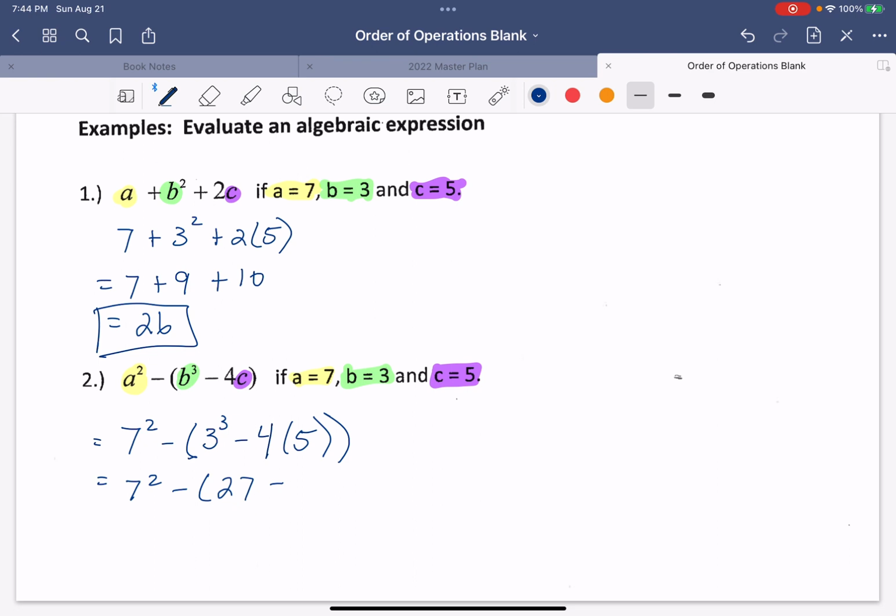And then what comes next is our multiplication, times 20, or subtracted by 20. Okay, so now I'm trying to get my parentheses still simplified. So I have 7, and then 7 times 7 is 49 minus 7, so our answer is 42.